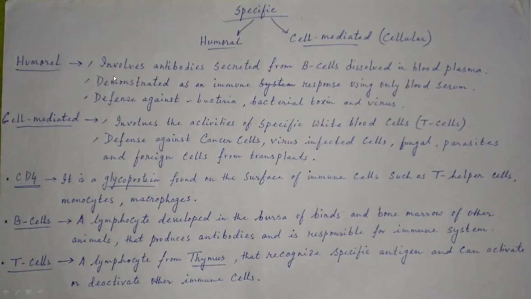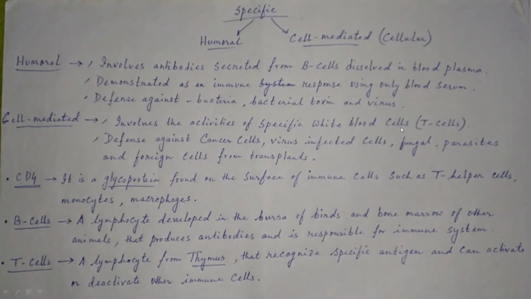In case of humoral, it involves antibodies secreted from B cells dissolved in blood plasma, demonstrated as an immune response using only blood serum, and defense against bacteria, bacterial toxin, and viruses. This is humoral immunity.